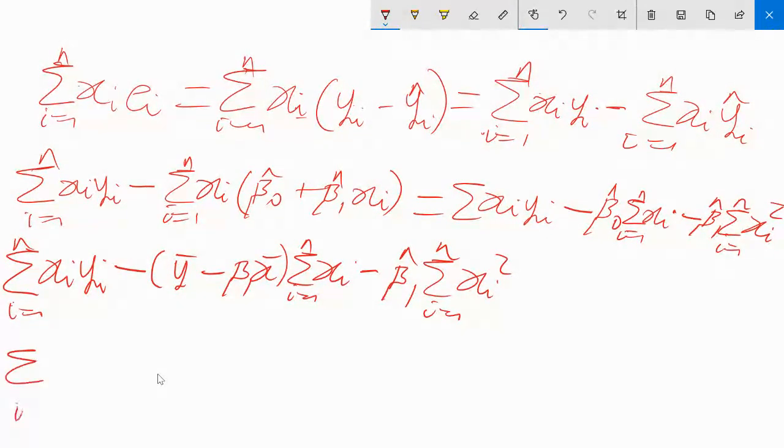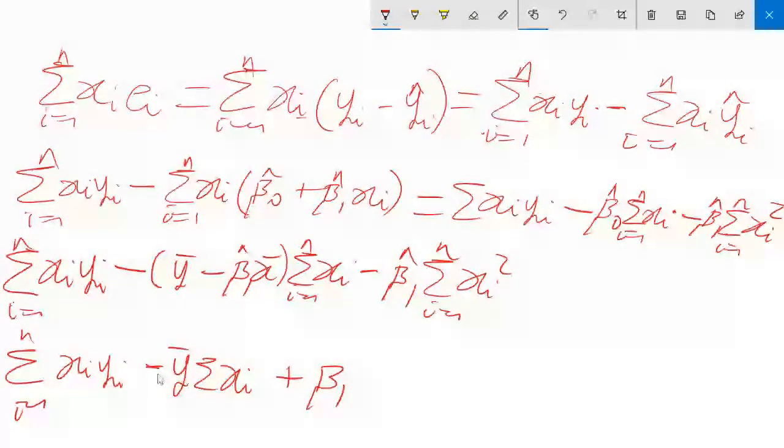And when I do that, I have minus y bar multiplied by summation of xi. Negative, negative, this will give me plus beta 1 hat x bar multiplied by this guy here, which is summation of xi, i ranging from 1.